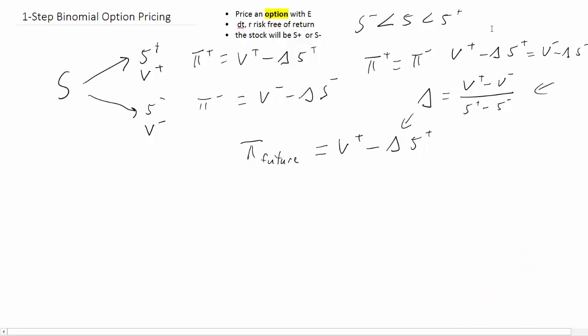Well, the value right now of the portfolio is V minus that delta that we already figured out times the S, the stock now. And we're taking time value of money into account to make a perfect formula. The amount of money that the portfolio will be worth now, I would multiply by 1 plus R dt.